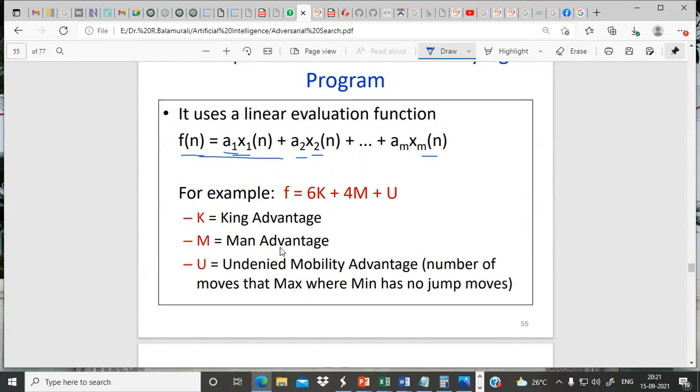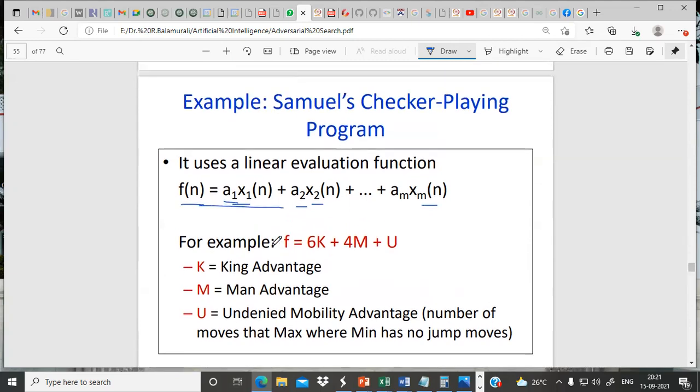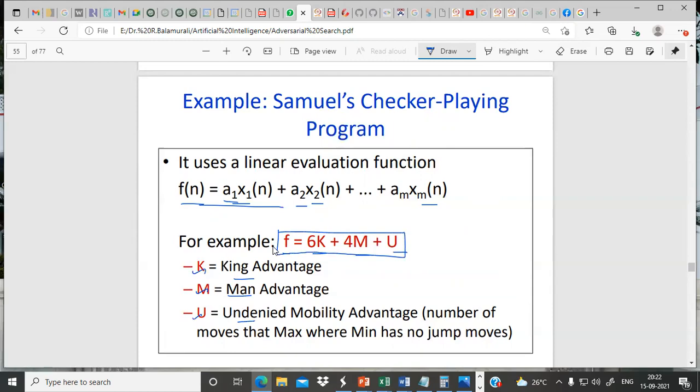Let us assume the specific evaluation function used with the checkers game is f equal to 6k plus 4m plus u. Let us not get into what k, m, and u are: k represents king advantage, m represents man advantage, u represents unDenied mobility advantage.